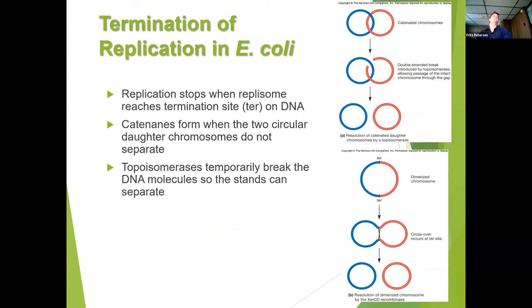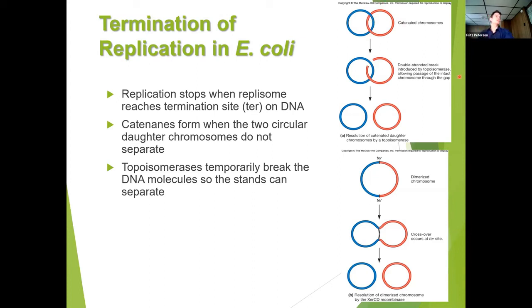A catenane is a mechanically interlocked molecular architecture consisting of 2 or more interlocked macrocycles. That's a very complex way of saying that these two circular DNA structures are linked together like a chain link. They're hooked into one another.